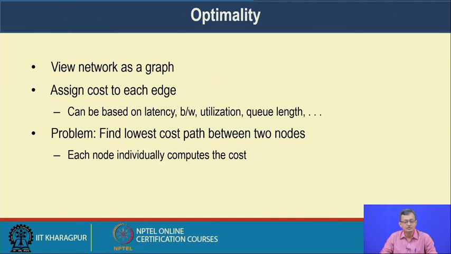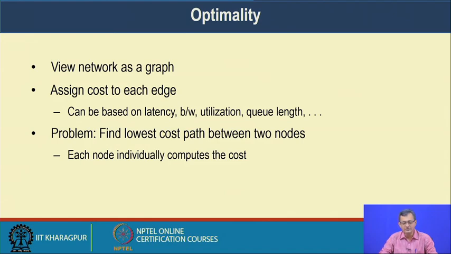So, we assign a cost to each edge based on latency, bandwidth, utilization, queue length, etc. Now, our problem is finding the lowest cost path between two nodes. Based on the metric under consideration, I want to find the least cost path between node A and node B, or the source node and the destination node.